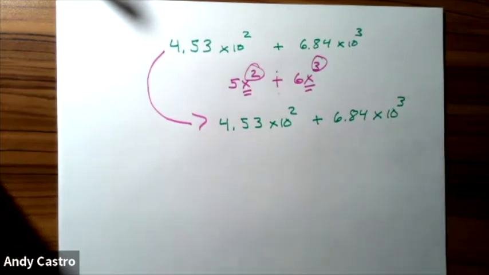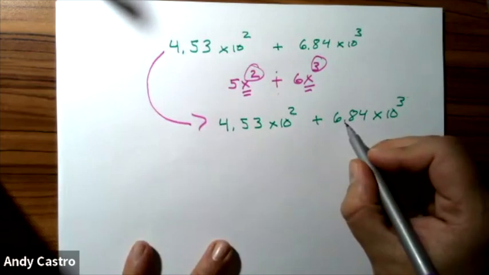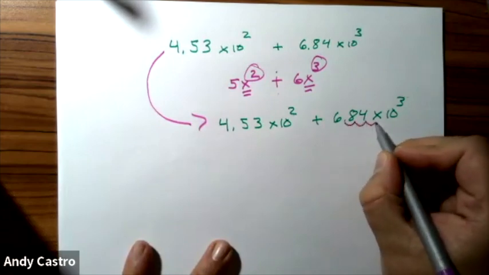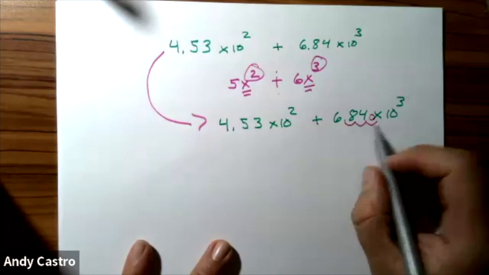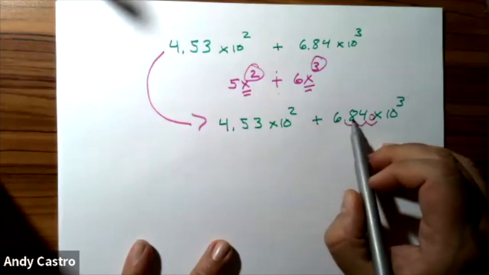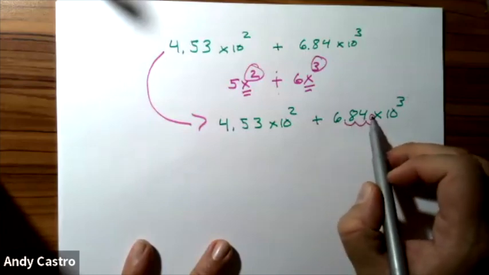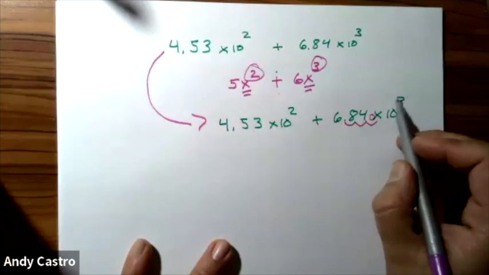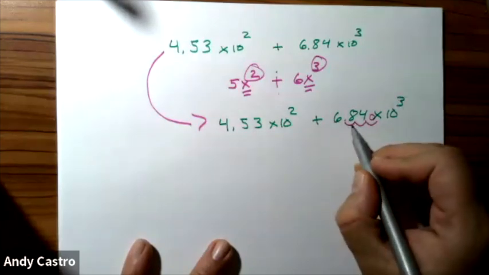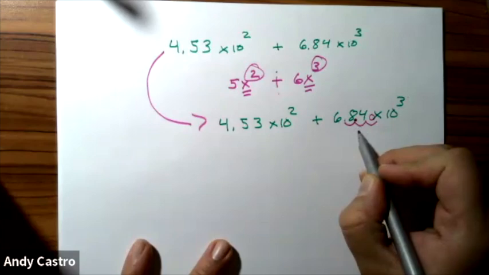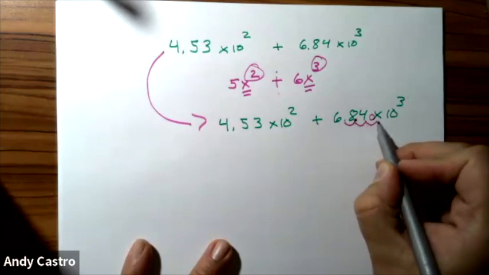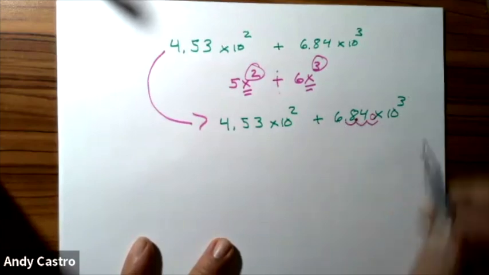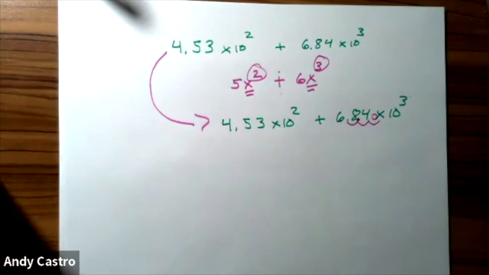So how do I do that? Well, if this is times 10 to the third, that means I would have to move the decimal place over 3 digits. So this number is 6,840. Well, if I'm going to change this to a 2, then I have to move my decimal place to here so that I only move it over 2 to be 684.0. So that's what I'm going to do.